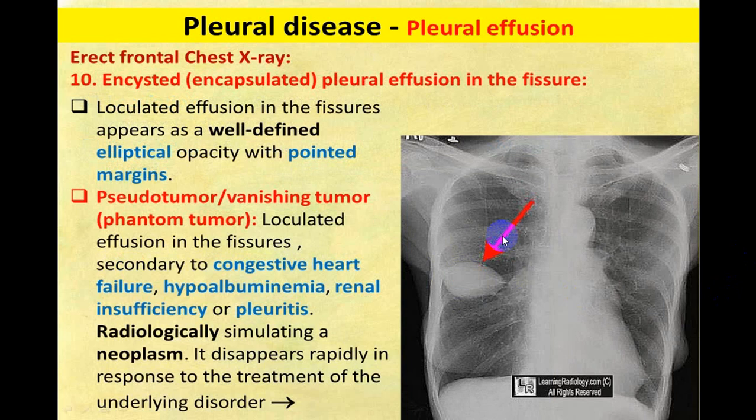This is sometimes also described as pseudotumors, vanishing tumors or phantom tumors, because they will disappear. This can happen in congestive heart failure, hypoproteinemia, renal insufficiency that will produce hypoproteinemia, and once in a while pleural effusion.